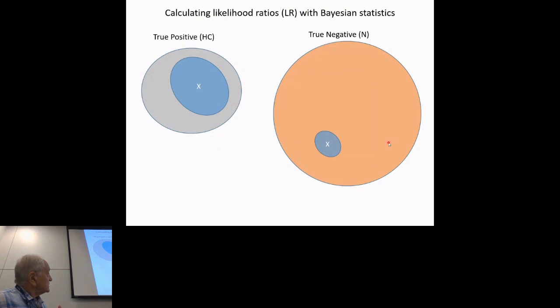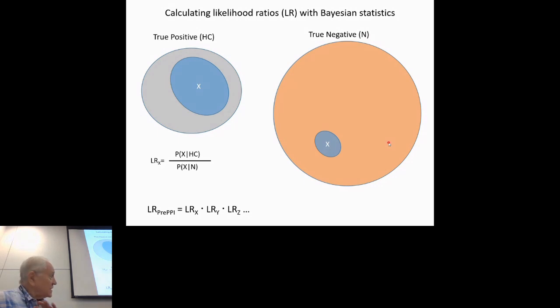And we use Bayesian statistics. If there's a parameter X which is enriched in the positive database relative to the negative database, we get a likelihood ratio. And the nice thing about naive Bayesian statistics is that you can simply multiply likelihood ratios. So we can get likelihood ratio from structure, we can get likelihood ratio from co-expression, et cetera, et cetera.